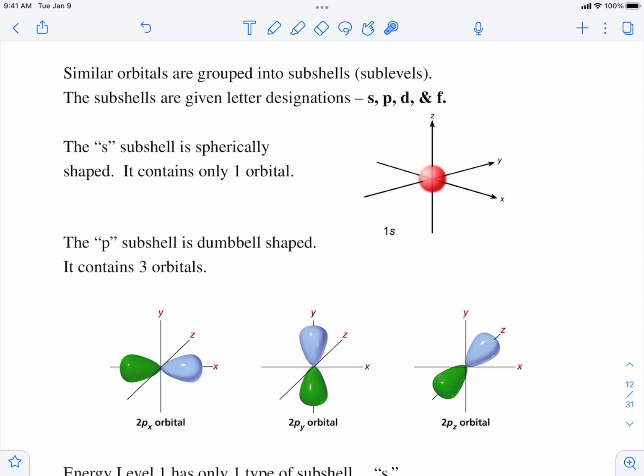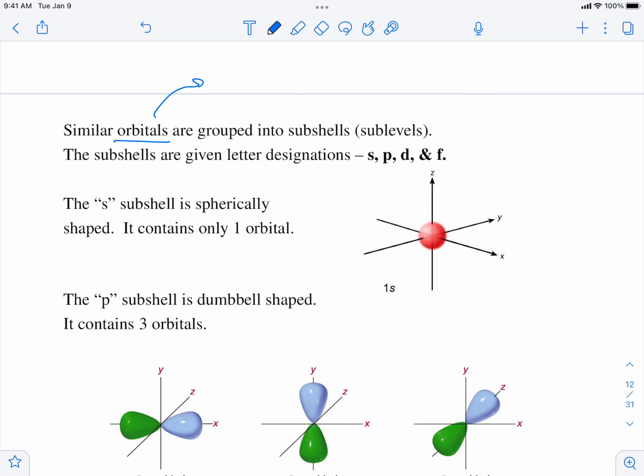Okay? Now, there's this term orbital. The word orbital is like a partition of a sublevel. Each orbital holds 2 electrons max.